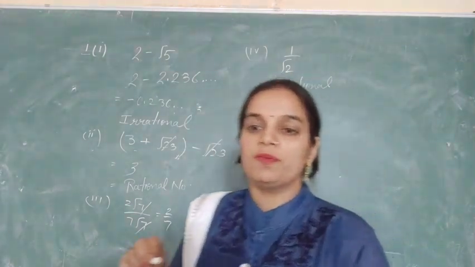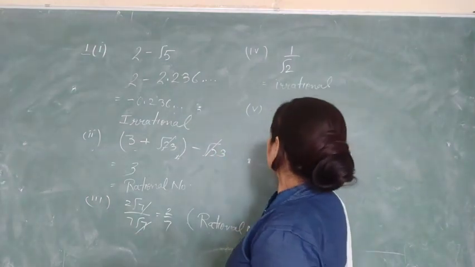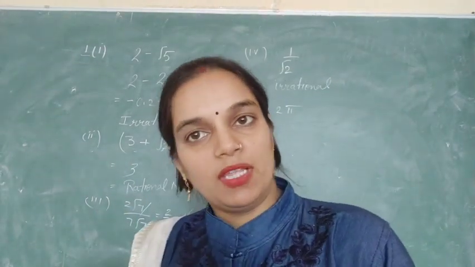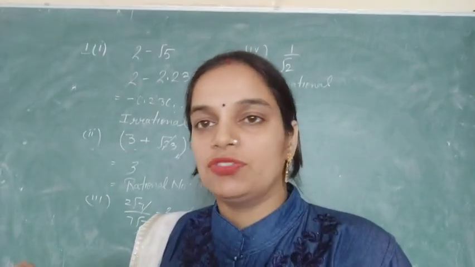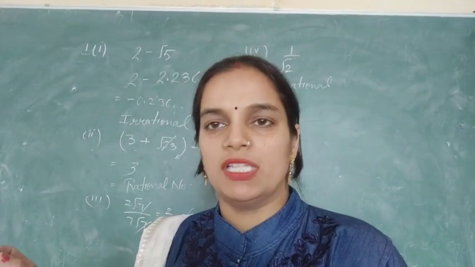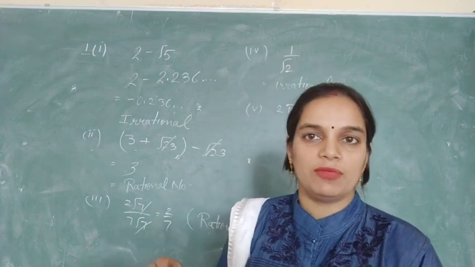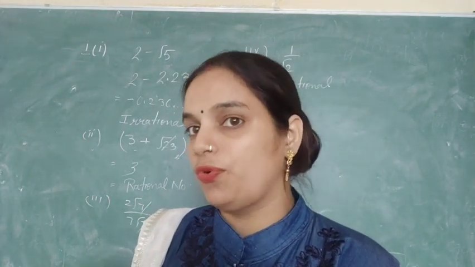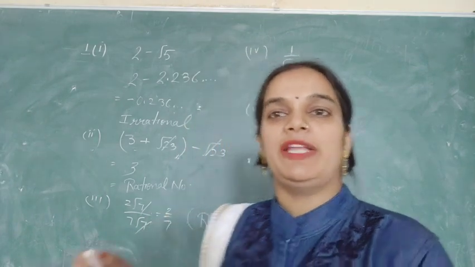In the fifth part, we have 2 pi. We know that the value of pi is 3.14 and something, which means it is an irrational number, and when we multiply the irrational number with the rational number 2, the overall result will again be irrational.